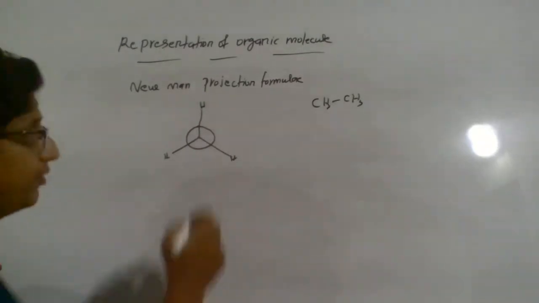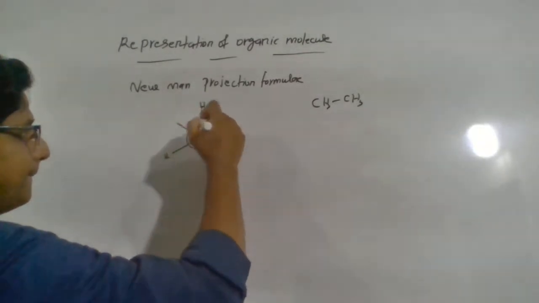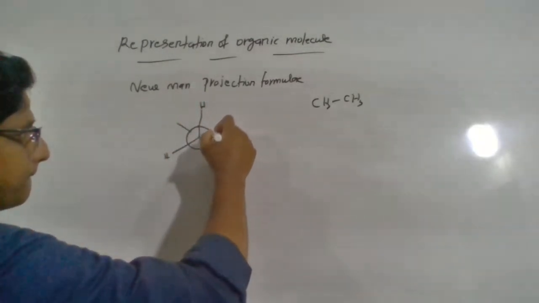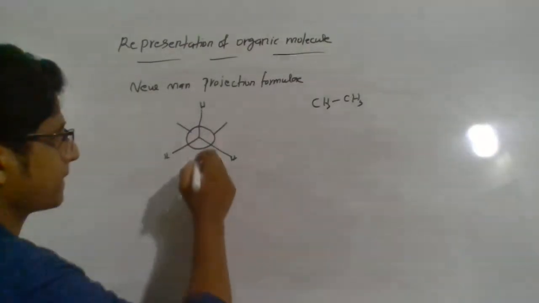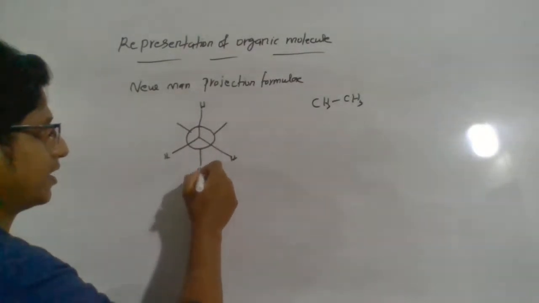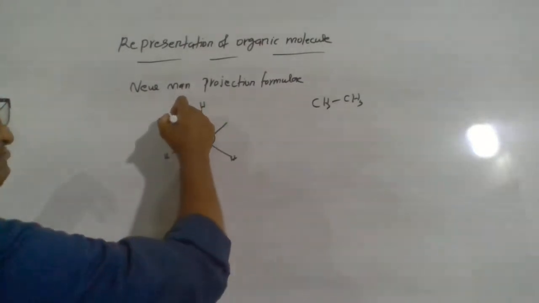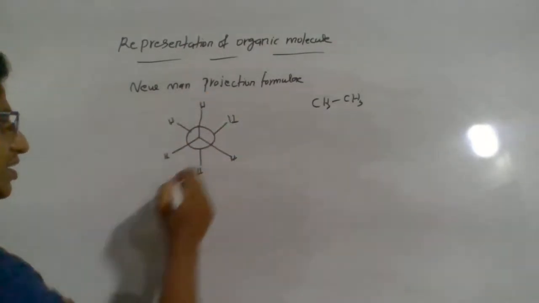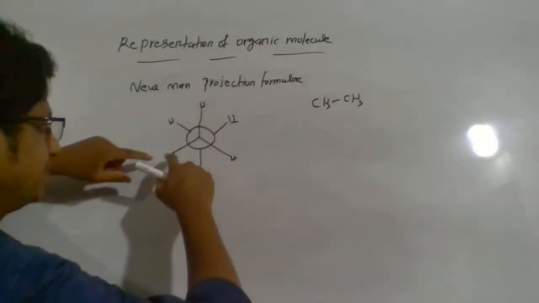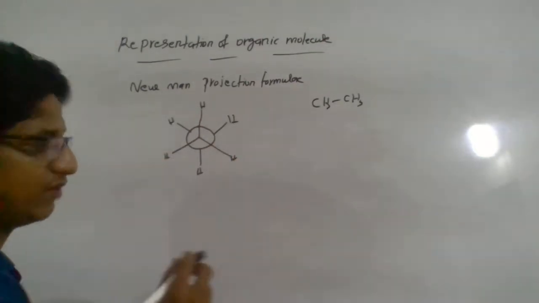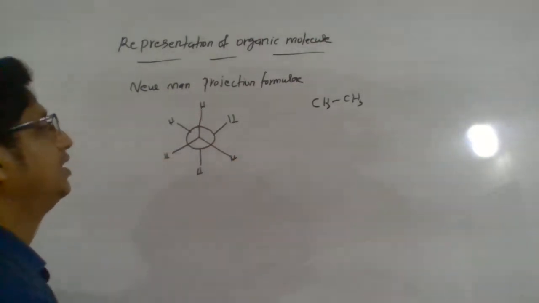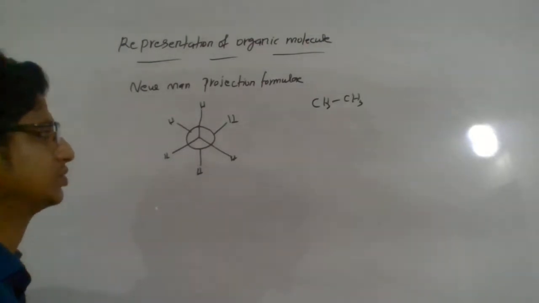Next I am drawing the other CH3 part. This is hydrogen, this is hydrogen, this is hydrogen. While you are drawing, always maintain an HCH bond angle of 120 degrees. That's the way we represent Newman as well as sawhorse.